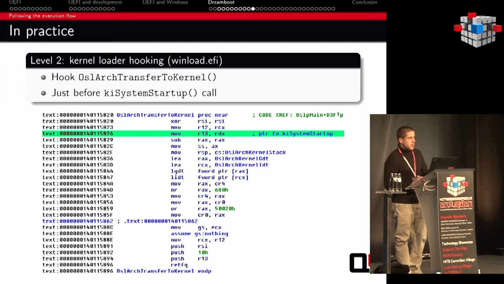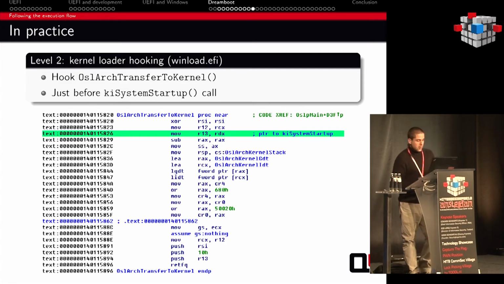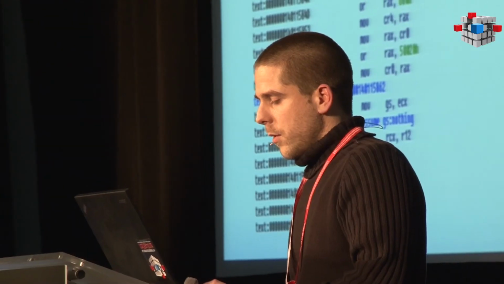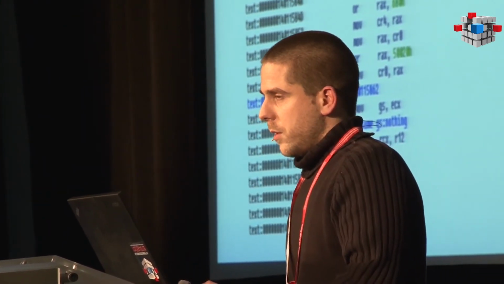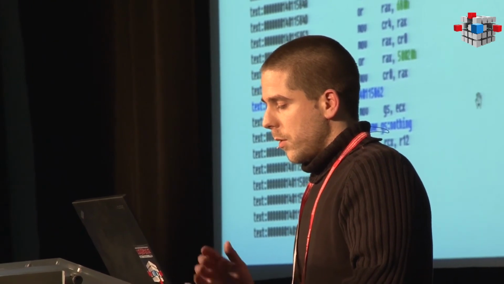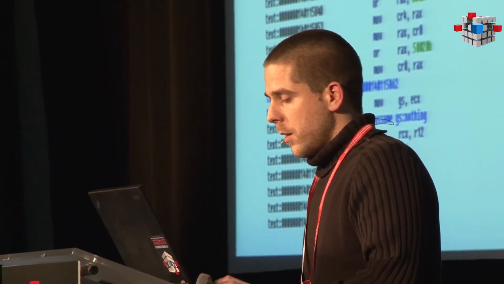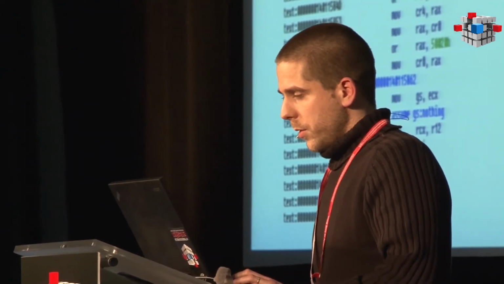That's exactly the same procedure as with the first bootloader. We will patch the OslArchTransferToKernel function just before the kernel entry point is called. The call is made there with the call instruction. So we just have to replace the instruction with our own, and everything is okay. Next, from our hook, we will call the kernel entry point.